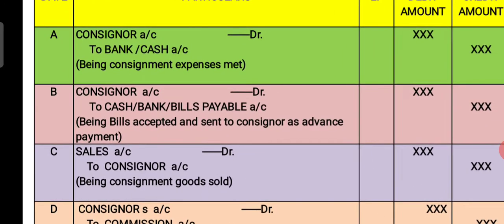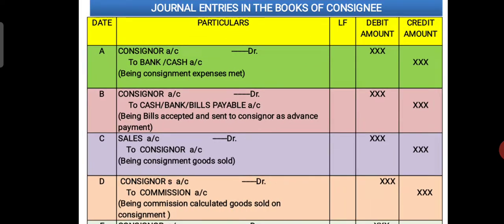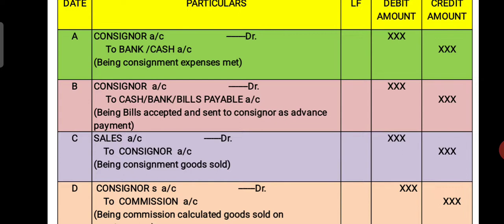Consignor account debit to bank or cash account. In the debit column we write the amount, and in the credit column we write the amount, and the narration: being consignment expenses met. Here who paid those expenses? Consignee. We think ourselves as consignee. We met consignment expenses, and for that we write the entry in our books. What is that entry? Consignor account debit to cash or bank account. This is the first entry.